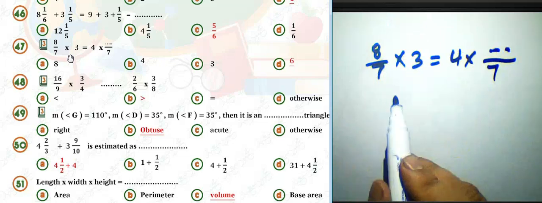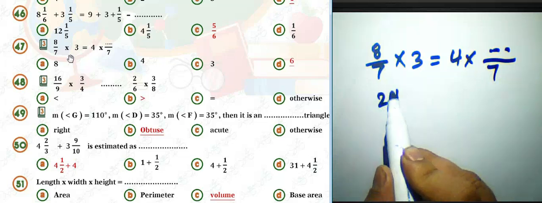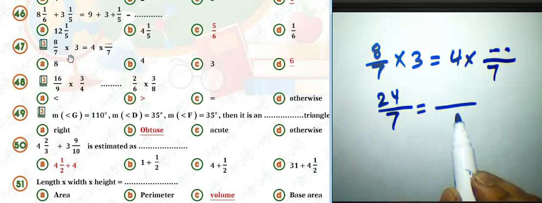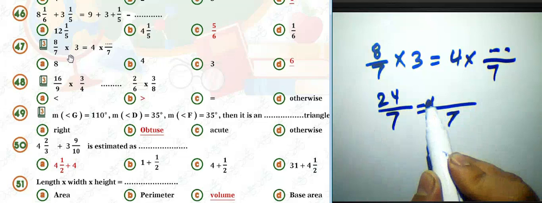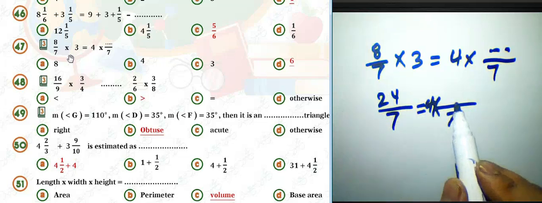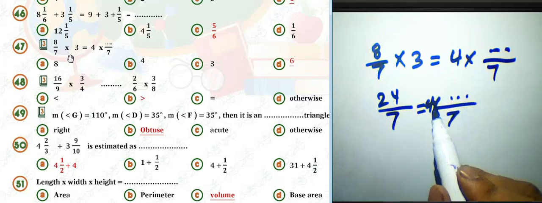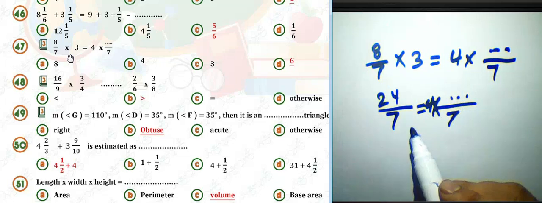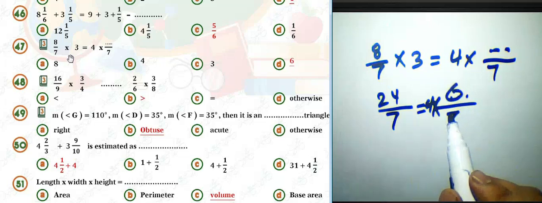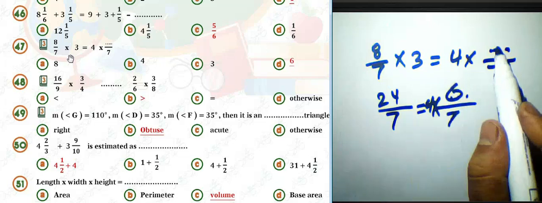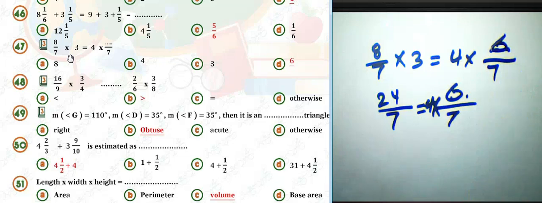We know 3 times 8 equal 24, equal 4 multiply 7 here in space. We must write here what? 4 times what equal 24? 4 times 6. So we must write 6 here. Question 48, we must search with letter C.